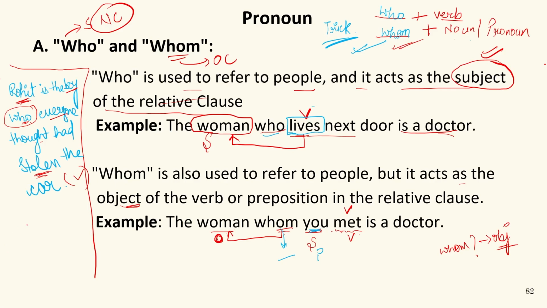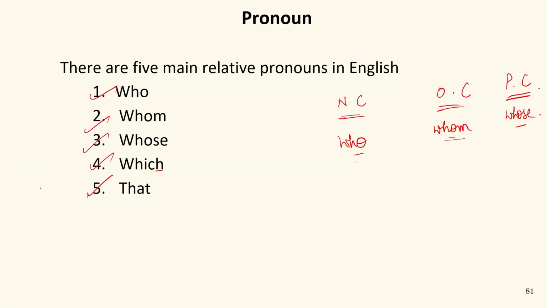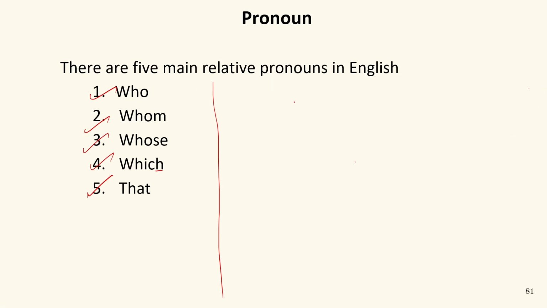Now we can also relate it with the sentence with a trick. Let me elaborate this here. What's the trick? Let me discuss it with you again. Let us remove this and let us frame the trick over here.